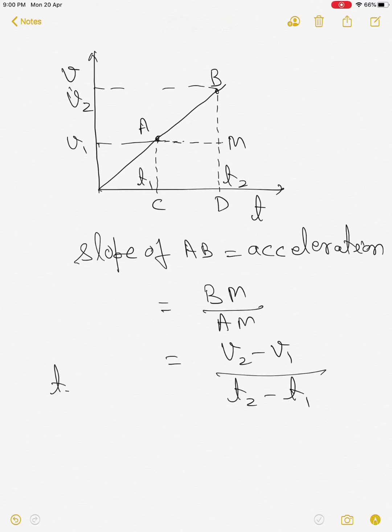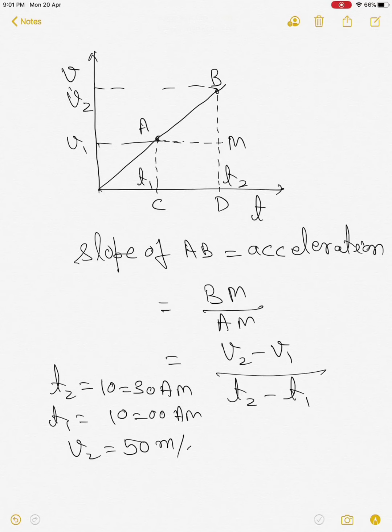Say T2 is equal to 10:30 am and T1 is equal to 10 am, and V2 is equal to 50 meter per second, and V1 is equal to 25 meter per second.